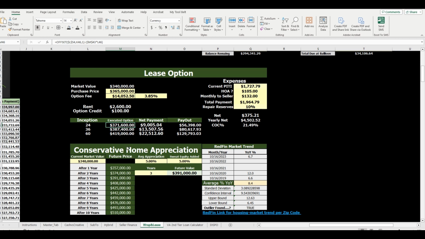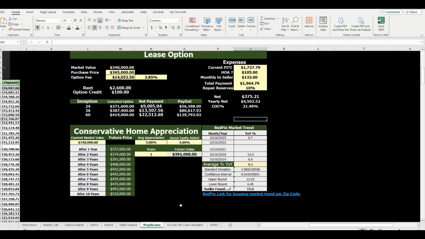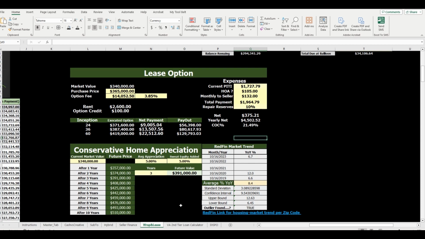In this case, it's more likely that you are going to get a higher price up front. And because you're locking it in with the lease option buyer at $371, you're either going to be equal to or greater than the market value at the time of the 2-year mark. And so lease options are another great way for our exit strategies.